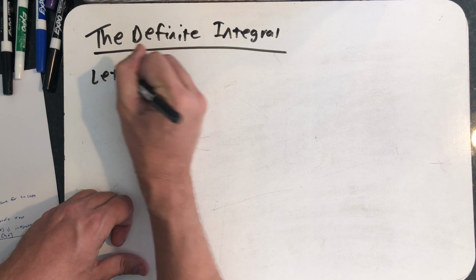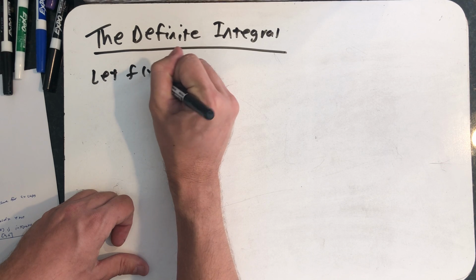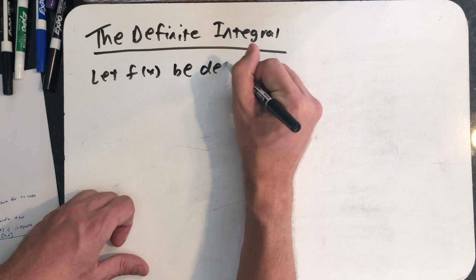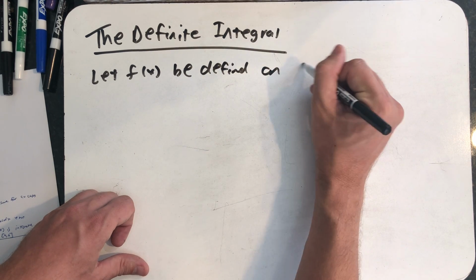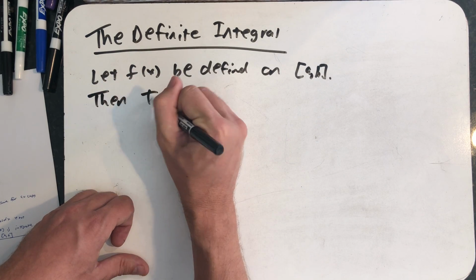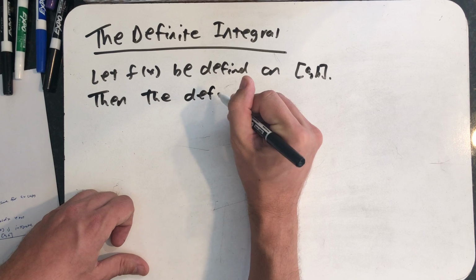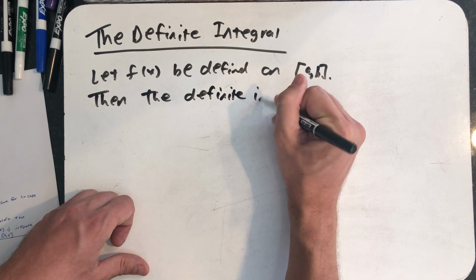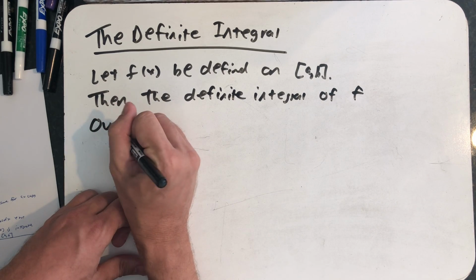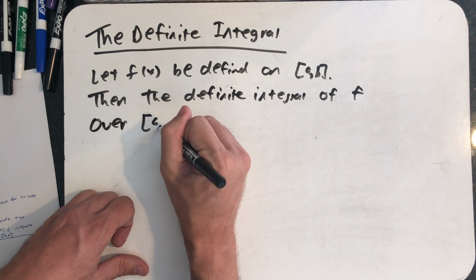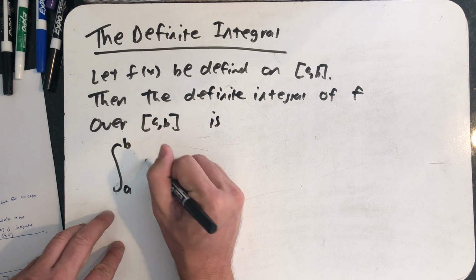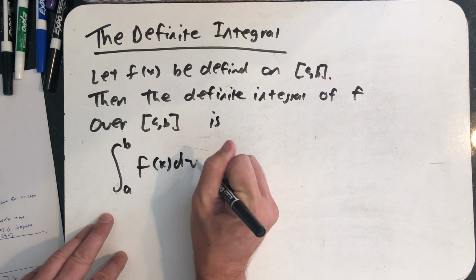So let f be a function that's defined on the closed interval [a, b]. Then, the definite integral of f over [a, b] is denoted by this collection of symbols.